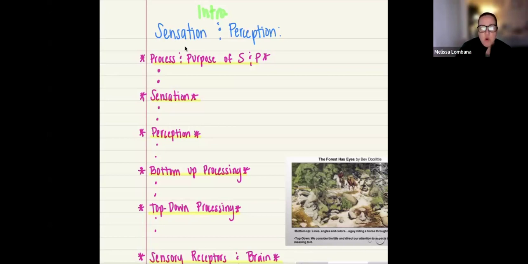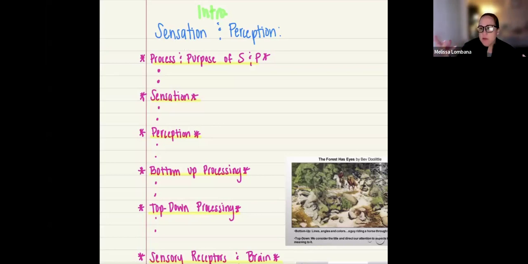How this works is that the sensory receptors from all of our senses are going to send that information to our brain. Our nervous system receives that information from our senses, and then through our spine, sends it to our brain.